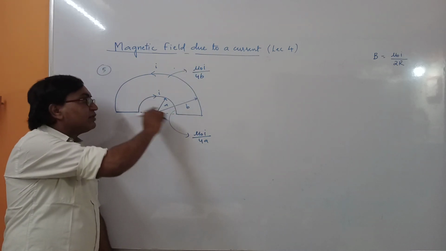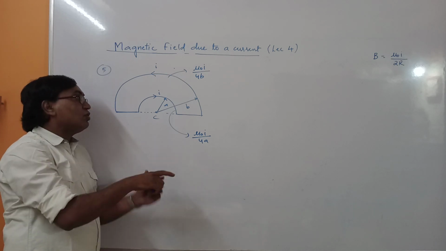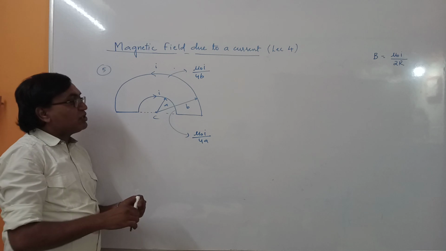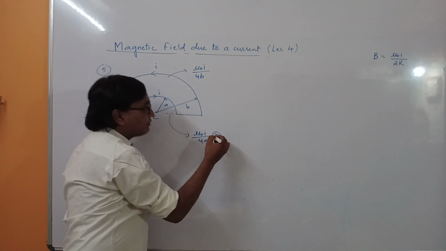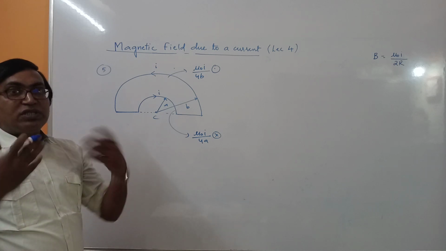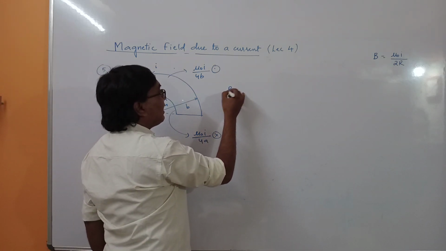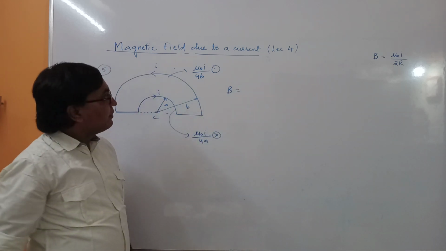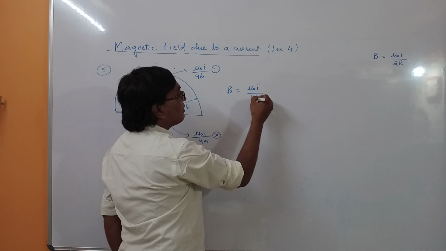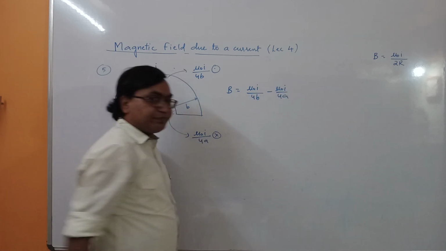This is clockwise. Sense of the current is clockwise, so magnetic field is inside. Anti-clockwise, magnetic field is outside. So this is inside, this is outside. Taking outside direction to be positive, the magnetic field at point C will be mu naught I by 4B minus mu naught I by 4A.